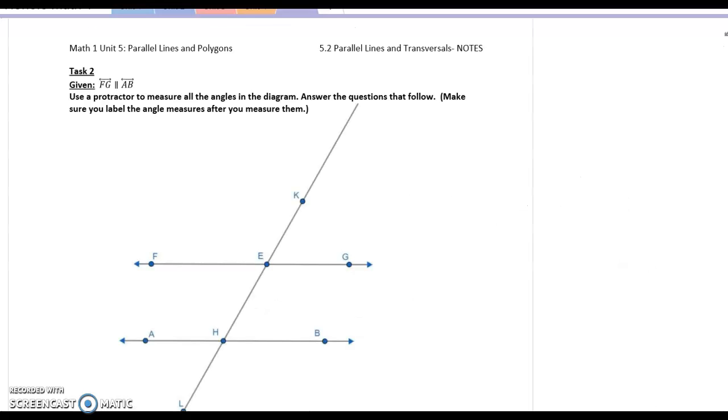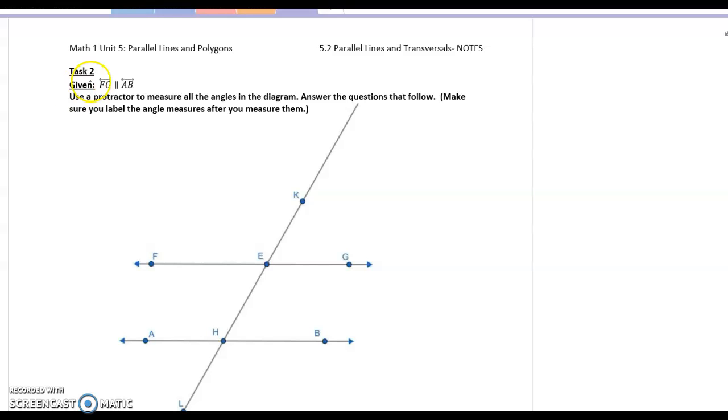All right, so now we're going to go through an exercise of using those angle relationships from the previous lesson regarding transversals and lines, and specifically talk about what happens when you cut a transversal line through parallel lines.